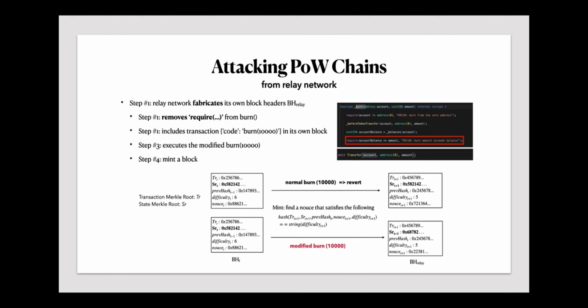For instance, if the verification process only includes the headers, and it's a proof of work one, then you can potentially create fake headers, and then will produce some false transactions, and making the minting process happen.